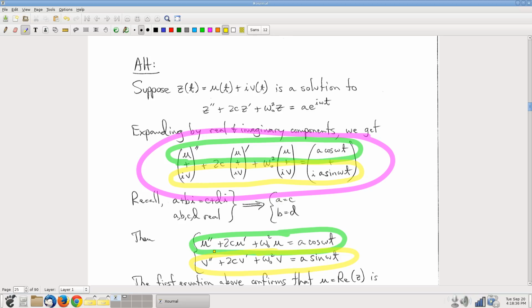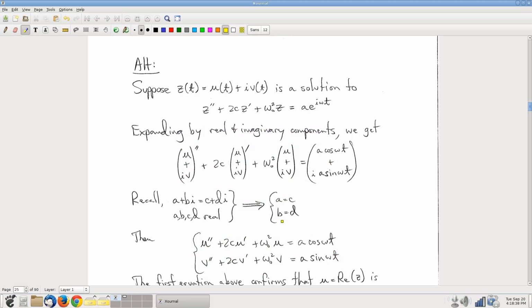So, said differently, when you take derivatives of a complex valued function, the derivative of the real portion is the real portion of that derivative. And the derivative of the imaginary portion is the imaginary portion of that derivative. So, said differently, real stays real, and imaginary stays imaginary in the differential equations.